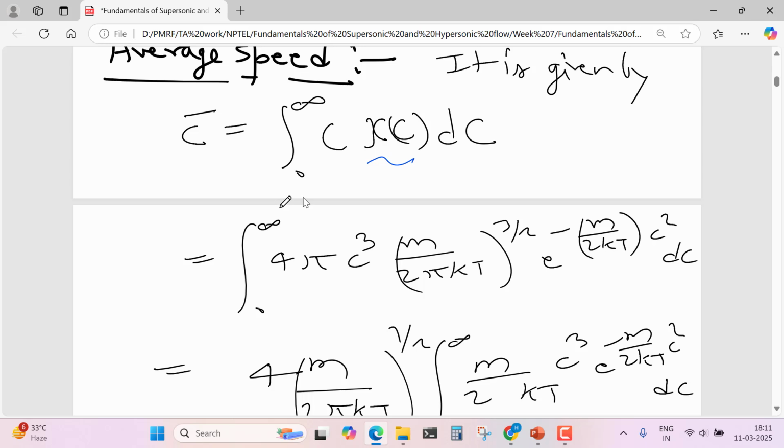So we put the value of chi(c) here: 4 pi c square, and this c will multiply, so it becomes c cube. The integral from 0 to infinity of 4 pi c cube (m upon 2 pi kT) to the power 3 by 2 e to the power minus m upon 2kT c square dc.